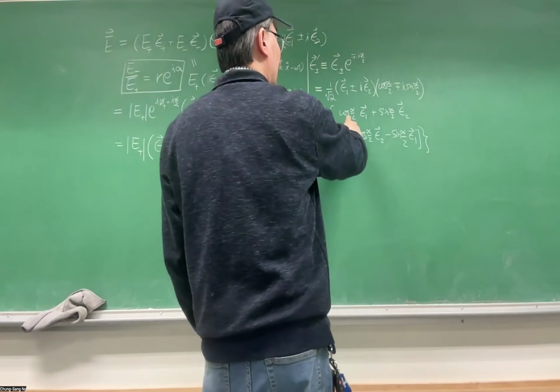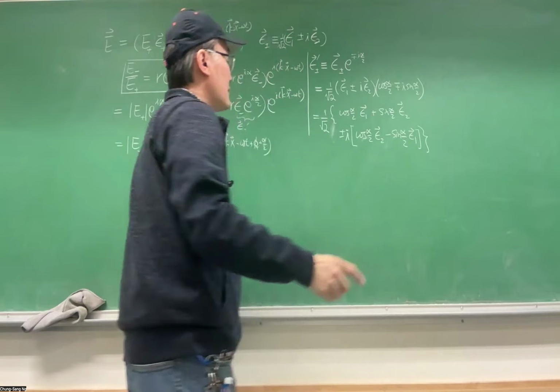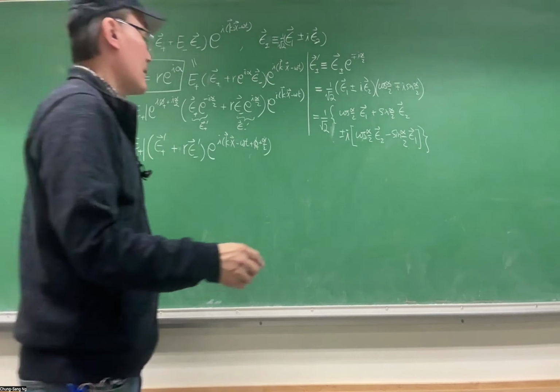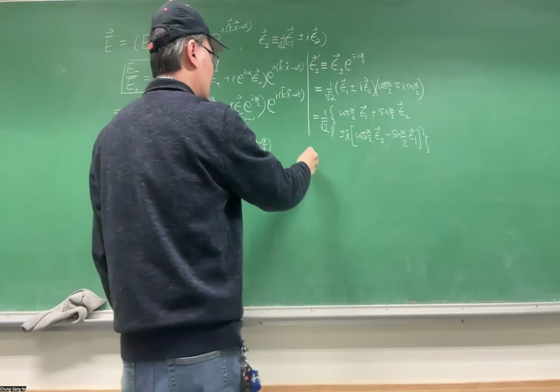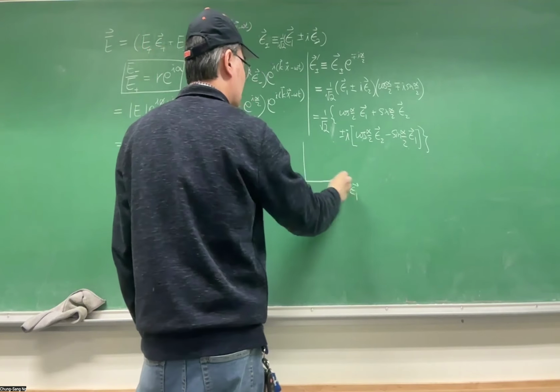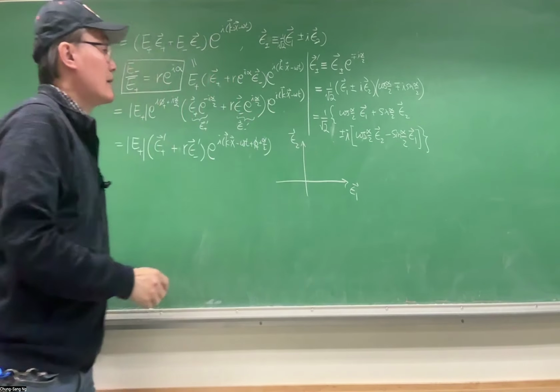And now we try to identify the physical meaning of this real part and imaginary part. So that's basically just geometry. Okay, so geometry is like draw it like epsilon 1, epsilon 2 axis.